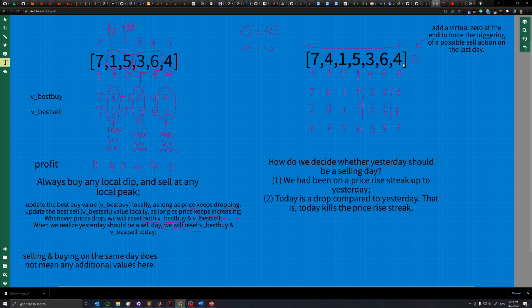So we need to trigger that sell decision somehow. In order to reuse the decision on selling day, we just add a virtual day of price zero at the end, to trigger the evaluation of the sell action on the last day. That was kind of smart and it worked. So that is how we did it.